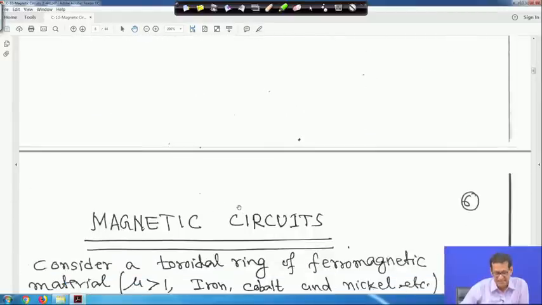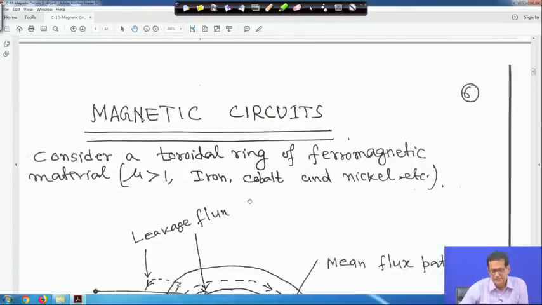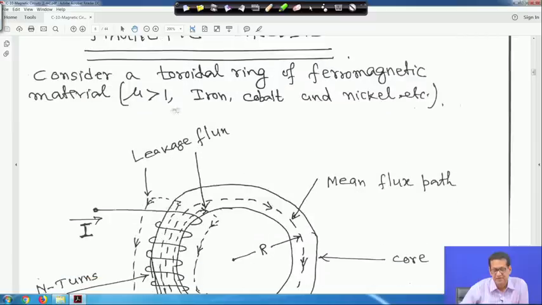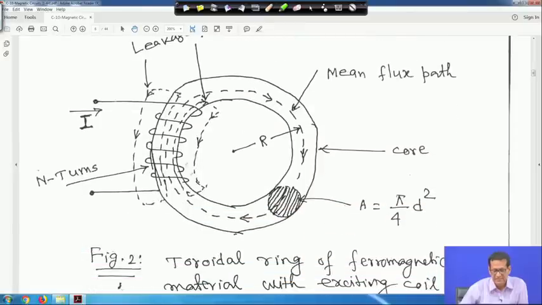Now, magnetic circuits. Let us consider a toroidal ring of ferromagnetic material where mu is greater than 1. It may be iron, cobalt, nickel etc. So, it is a toroidal ring, a circular ring. What we will do is take the mean flux path, the mean distance.